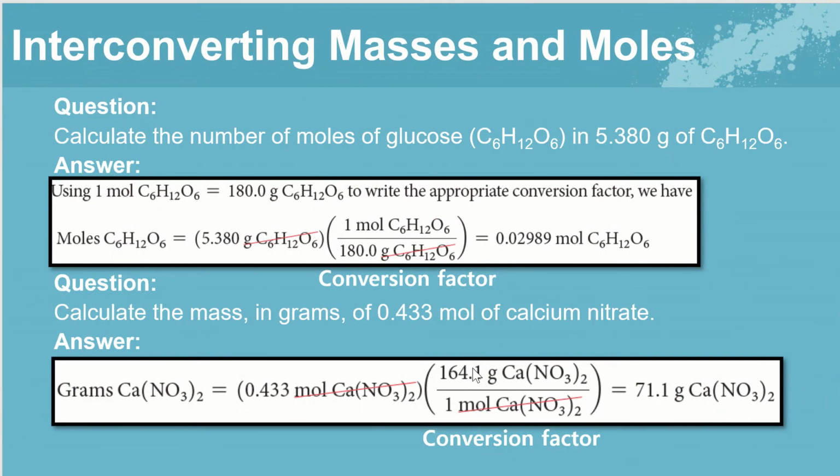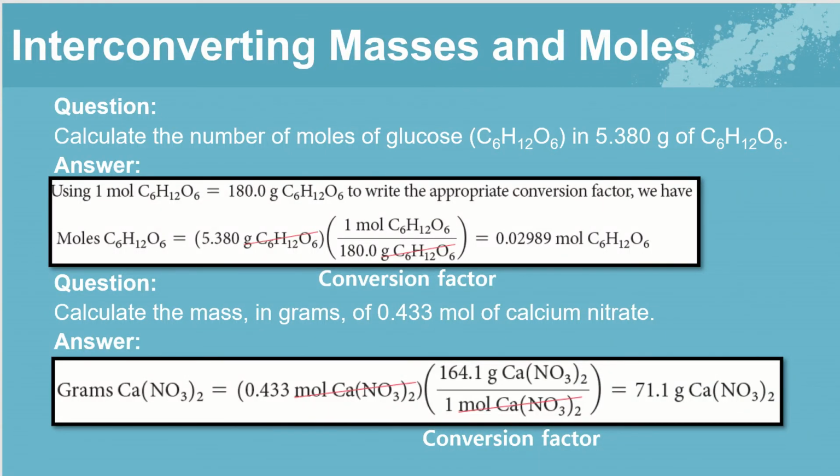And of course, this is our molar mass. So we need molar mass to convert moles to grams or grams to moles. In other words, we need to know our molar mass.